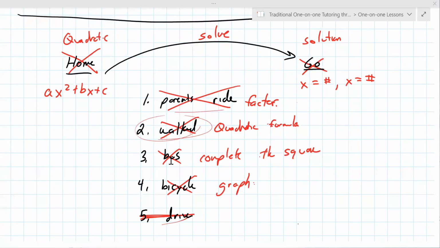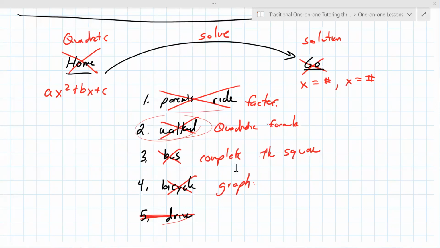Imagine you needed to go somewhere and take the bus, and you had to walk to a bus stop, take the bus, and then walk; that would be silly. You wouldn't do that. Certain scenarios make it clear which one you should use, and that's what I want to help you figure out.